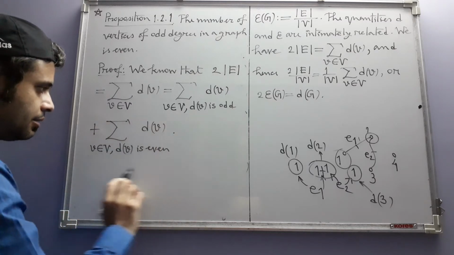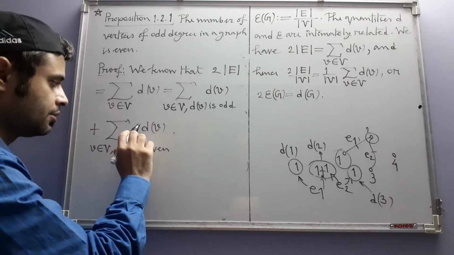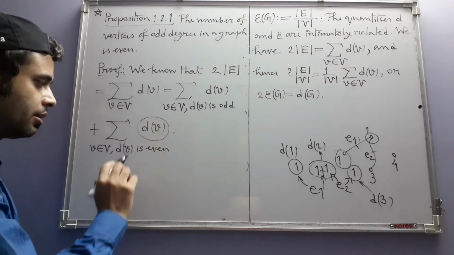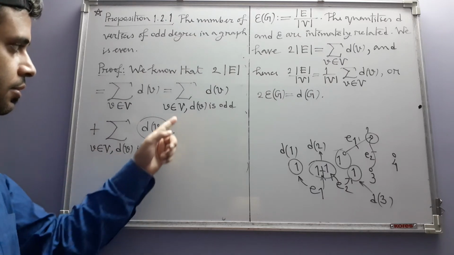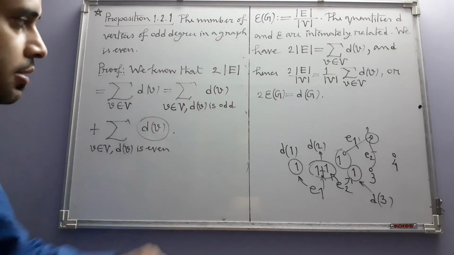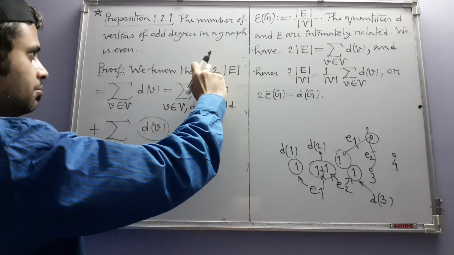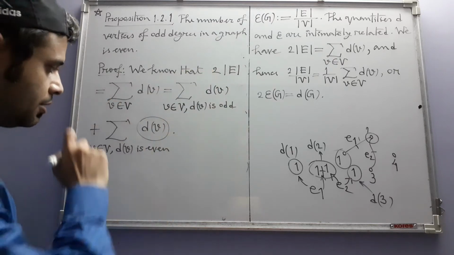In the second integer, which itself is a sum, the terms are all even integers, so the sum is also even. In the first sum, the terms are all odd integers, but this is even and this is even, so this sum also has to be even.